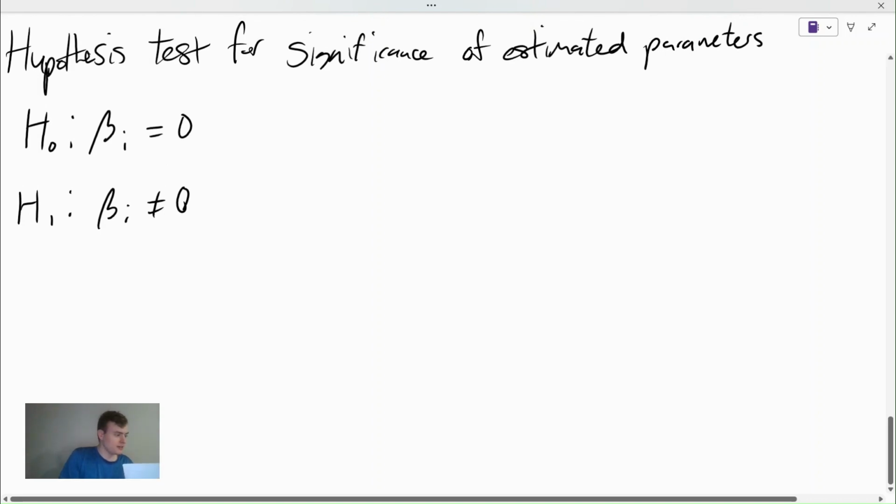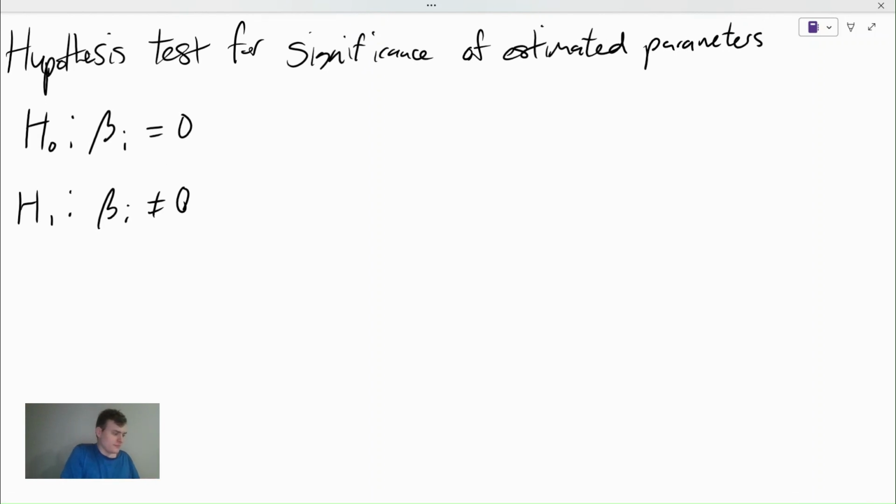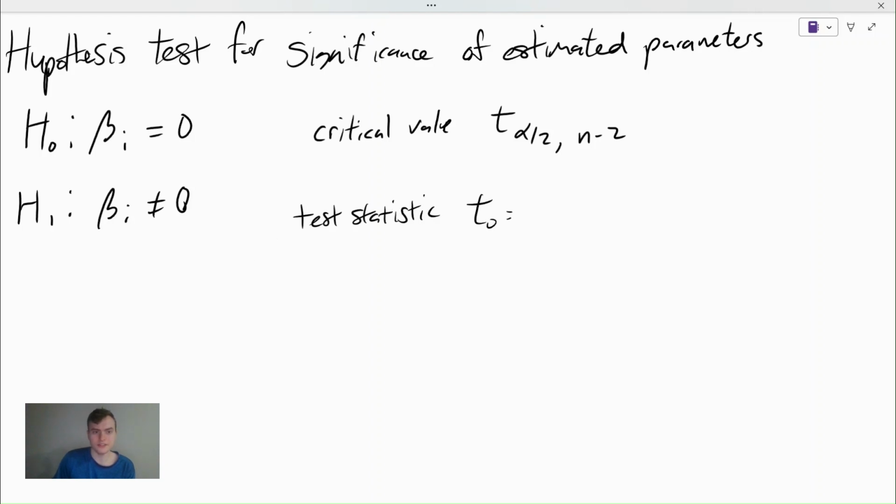And with these two hypotheses, we can use the test statistic from that t alpha over 2 n minus 2 distribution, right? So our critical value is the same as above, t alpha over 2 n minus 2. Our test statistic is t0, which is beta hat I minus 0, which is the value we're testing against.